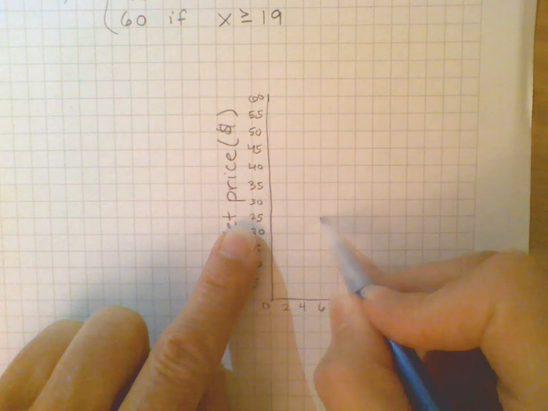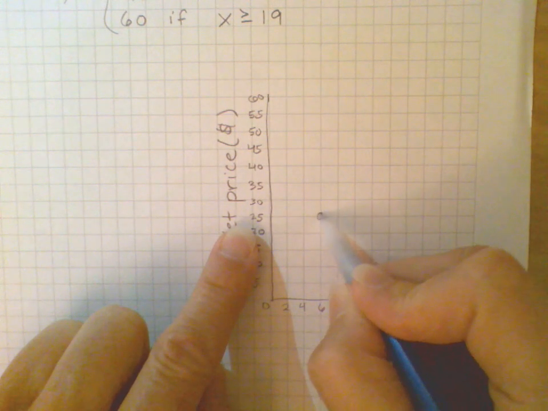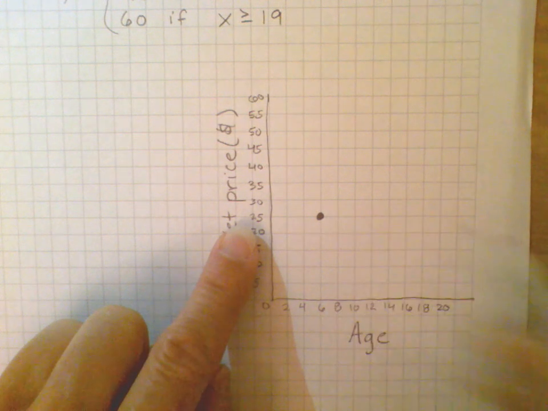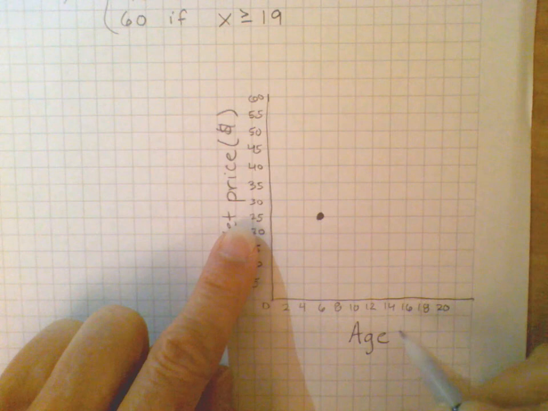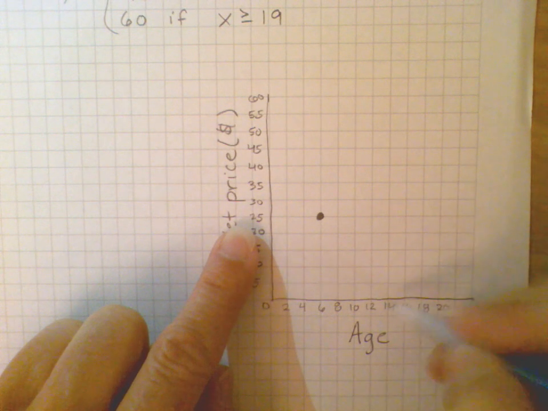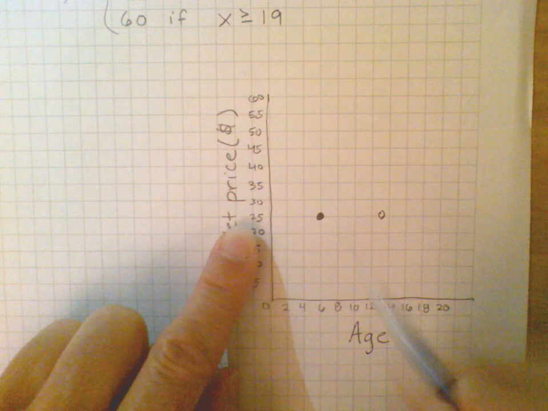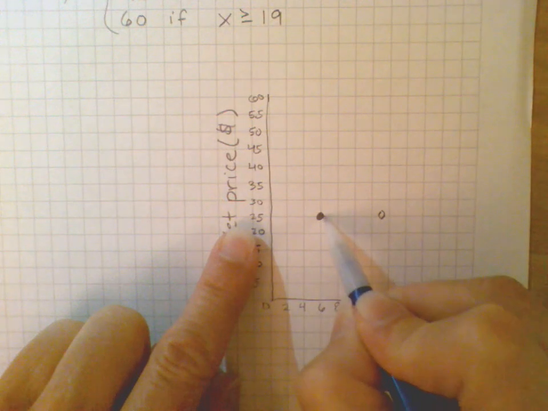That's going to be a closed circle because that includes age 6. And out to 13, which will be kind of halfway in between here. And that'll be an open circle because it does not include age 13.